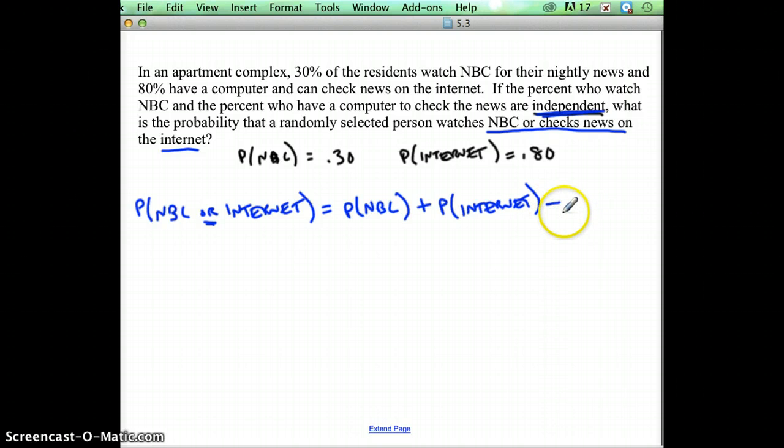minus any overlap. So do you think there's any overlap of people who watch NBC for the nightly news and have a computer to check news on the internet? Okay, so if there's overlap, we need to subtract it off. So this would be NBC and internet.